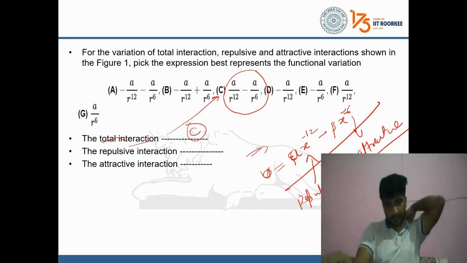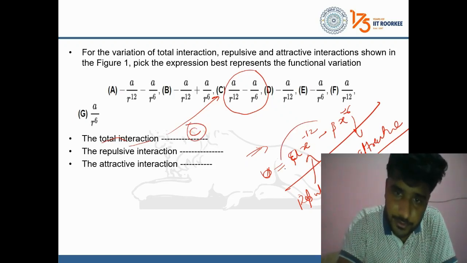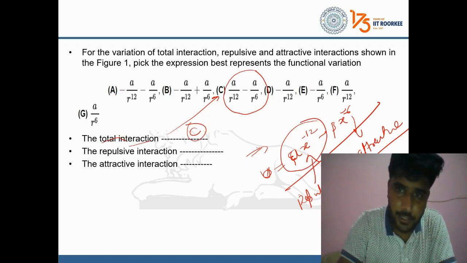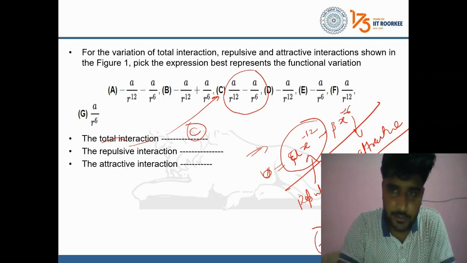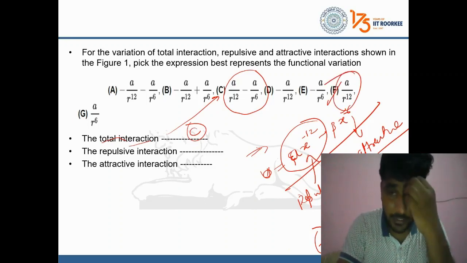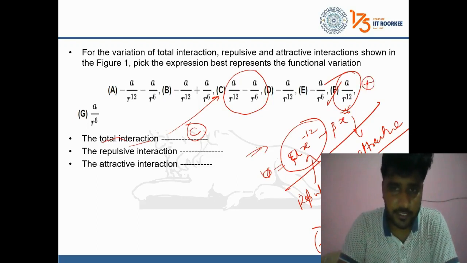The second is the repulsive interaction, which I have already told you is a divided by x to the power 12, where x, or you can say r, is the separation distance. There is also a positive sign that represents the repulsion, because the energy is increasing with decreasing distance.